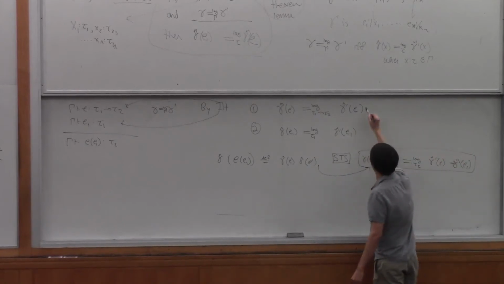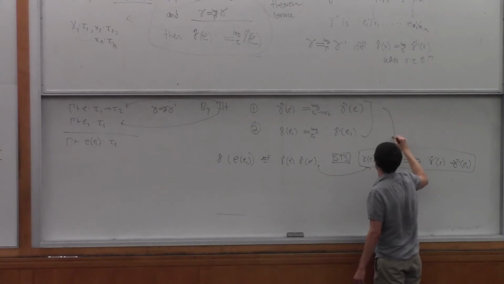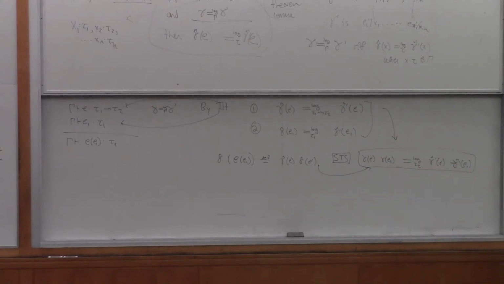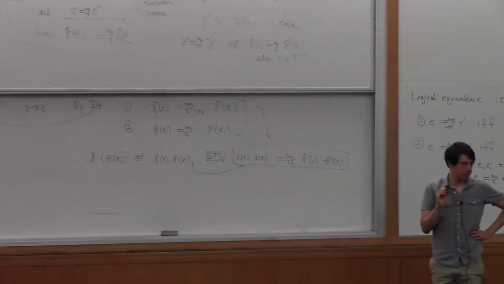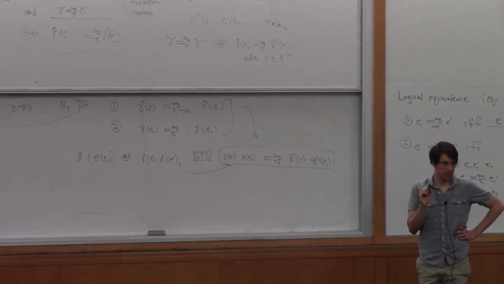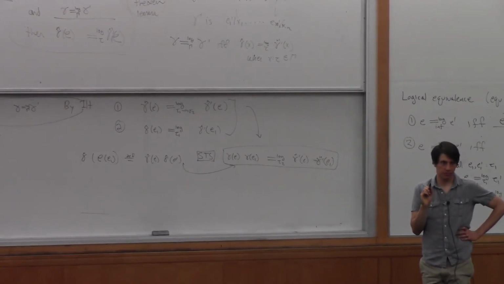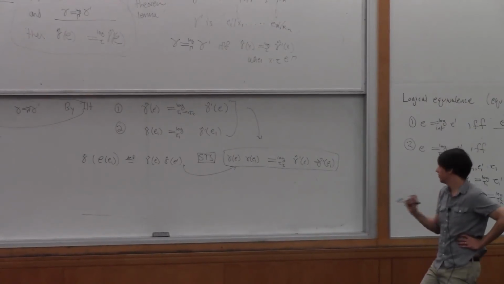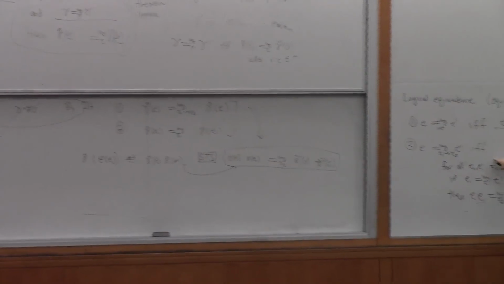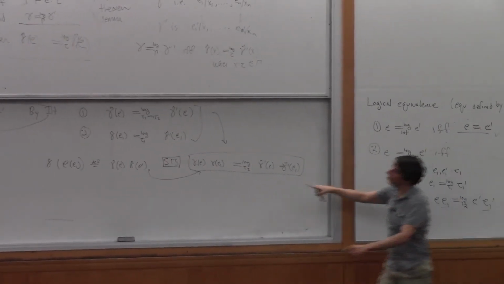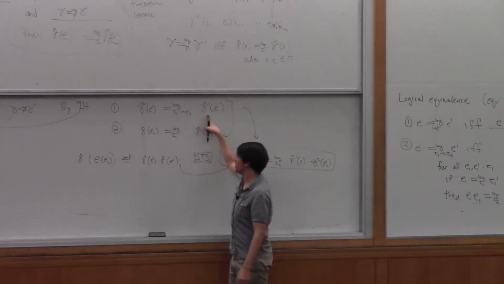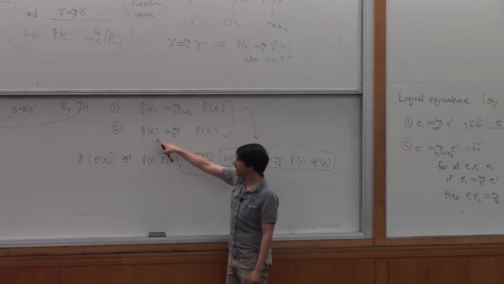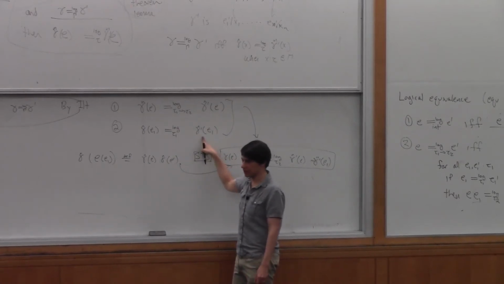And how do I get from here to here? Look at the definition of logical equivalence for functions. We know that this function equals this function. We know that this argument equals this argument.